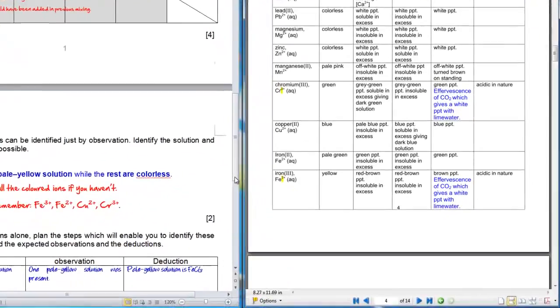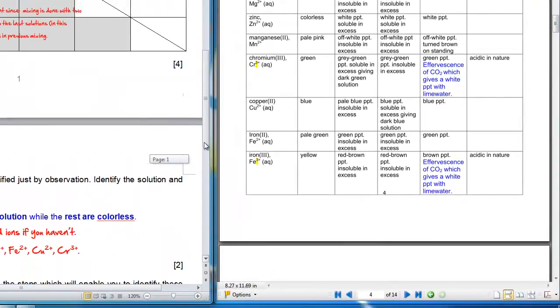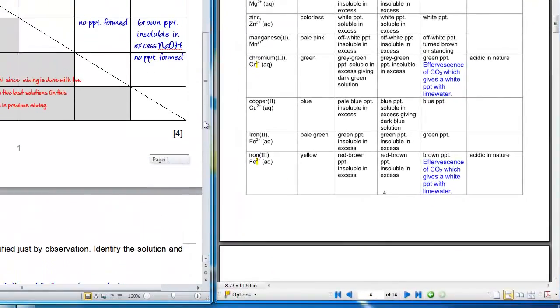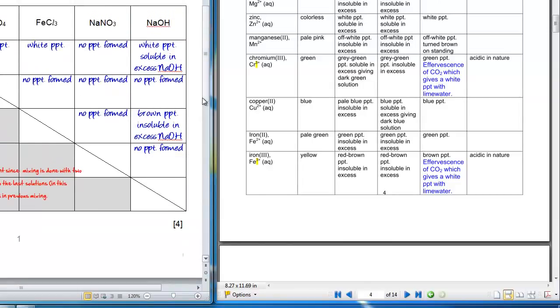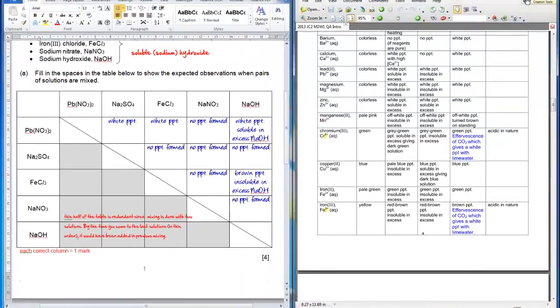Now since we have identified color already, I'm going to tell you how we can use this fact to identify all the unknowns in our set of solutions. So this is what is happening now.